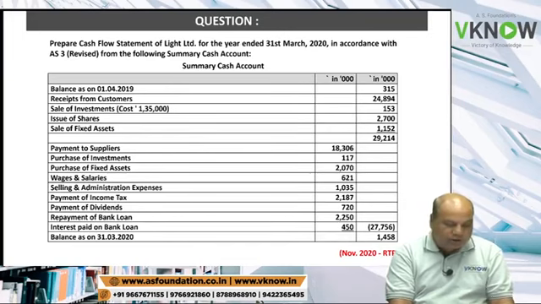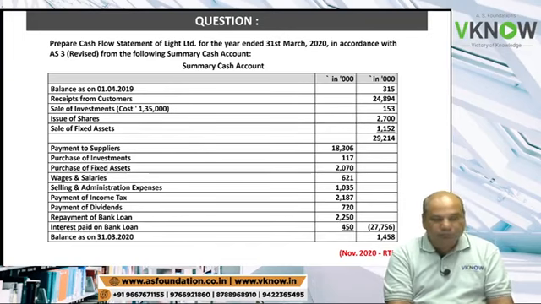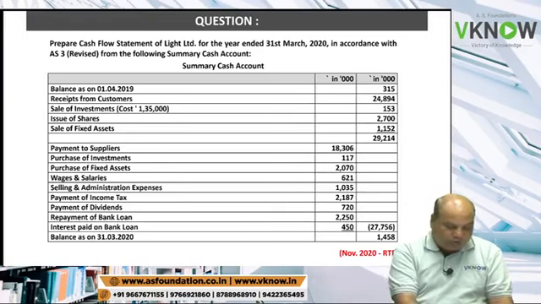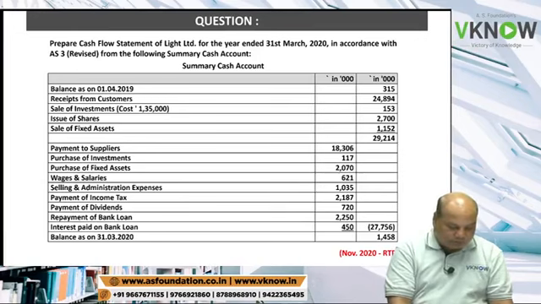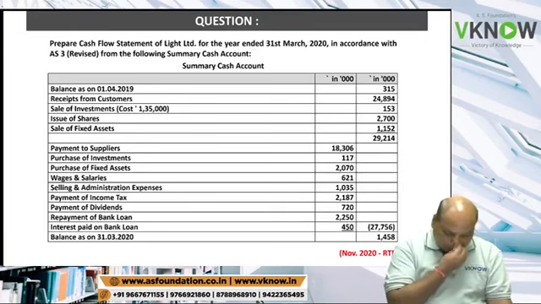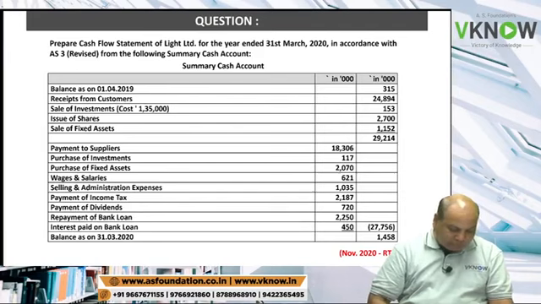Then write down summary cash account, right hand side two columns, figures in rupees in thousand.